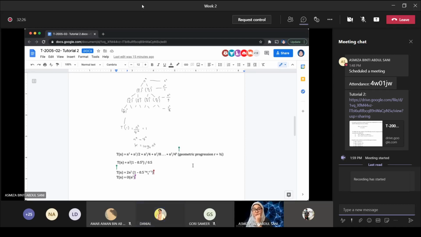Yeah, because when you pass down the n, it's not n squared. It's n over 2. So it definitely cannot go into n squared unless the n you pass into your recursion is n squared. Okay.